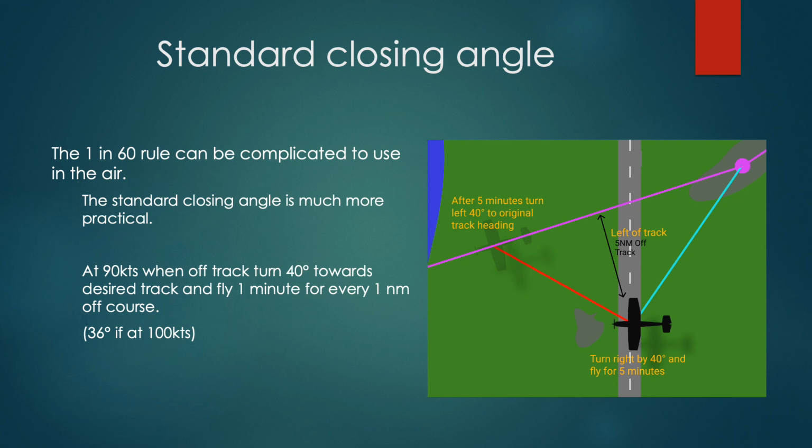At which point we'll go back to our original heading, and then we'll make an adjustment slightly because obviously it wasn't accurate enough. So by remembering the standard closing angle, which will be a constant for the aircraft you're flying, we just need to work out how far we are off track and then maintain that for however many minutes. So it's a direct correlation, and as you can see, that's a lot easier to work out in the air. It's a proven and tested method which works, so it's fine to use in a test, and compared to the 1 in 60, it's a lot easier to use.